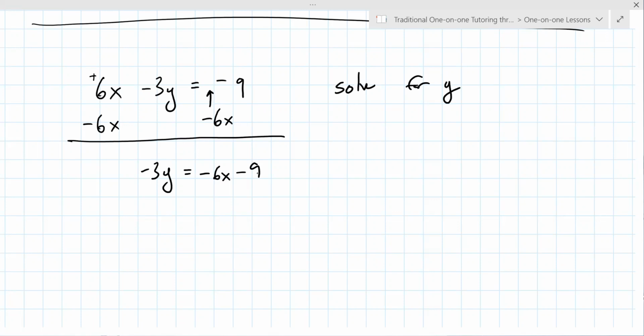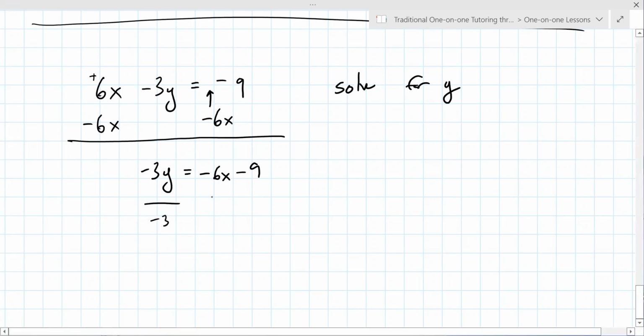All right, I got y equals -2x -3. Like this, minus 2x minus 3.